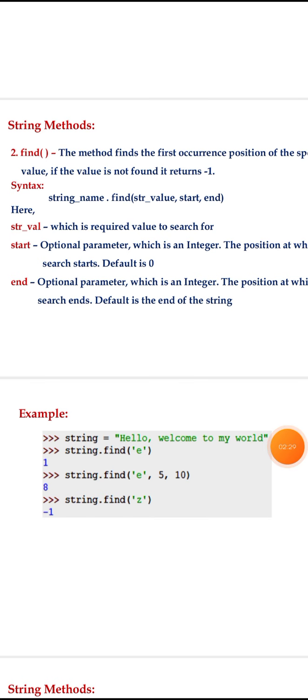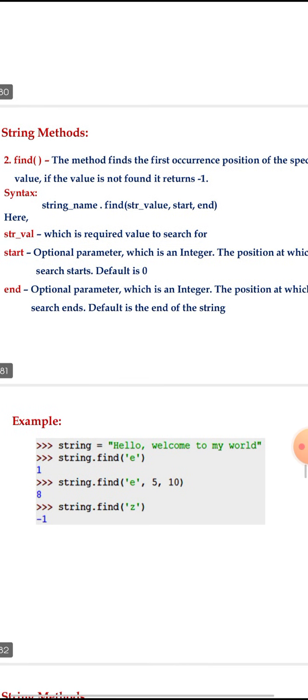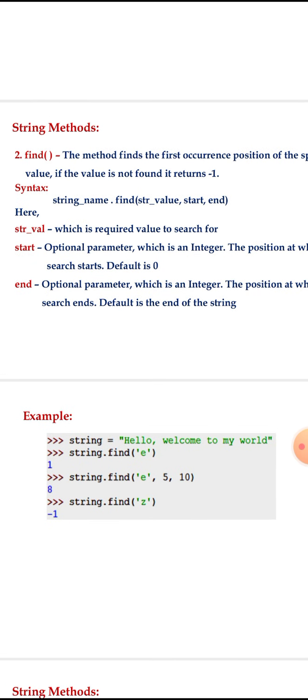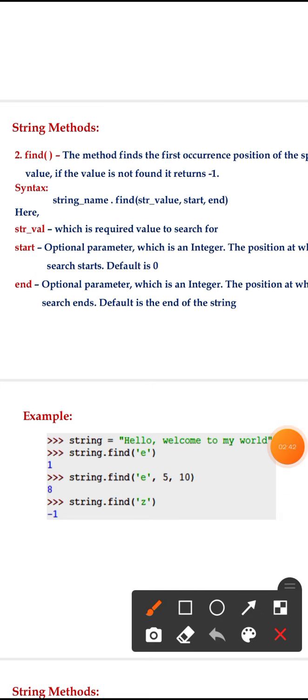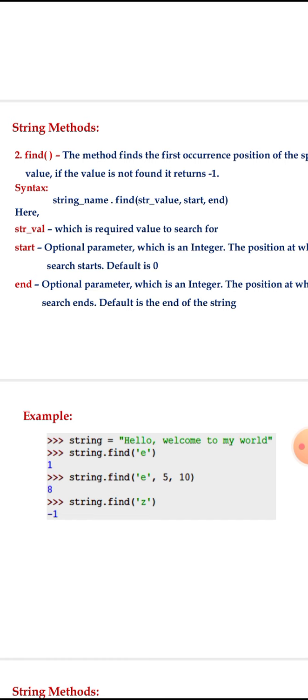The second one is find. This method finds the first occurrence position of a specific value. If the value is not found, it returns -1. For example, let us take "hello welcome to my world". In this string, find E occurs at index 1, so it prints 1.